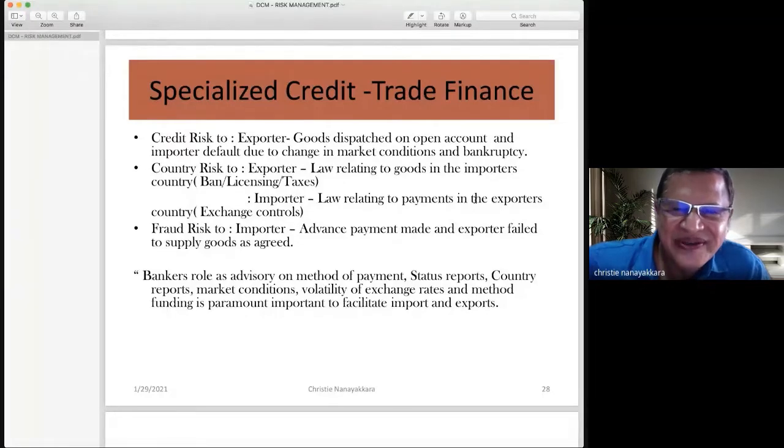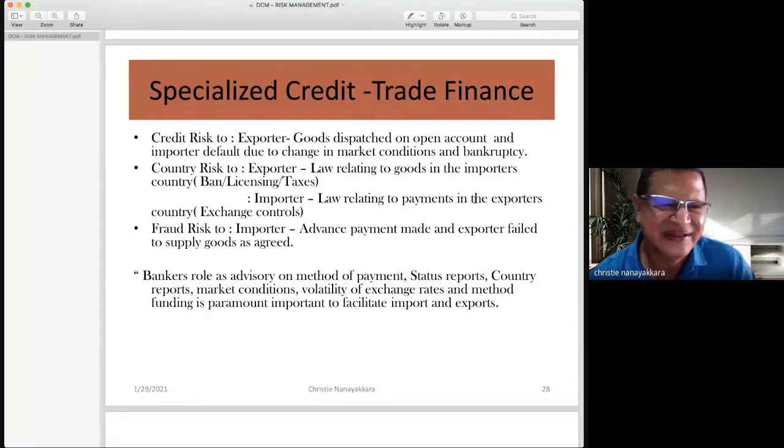At that point, they will have to pay the money, and we call it retiring the bill. So that type of letter of credit is called sight. That means once the documents are presented, you need to pay.